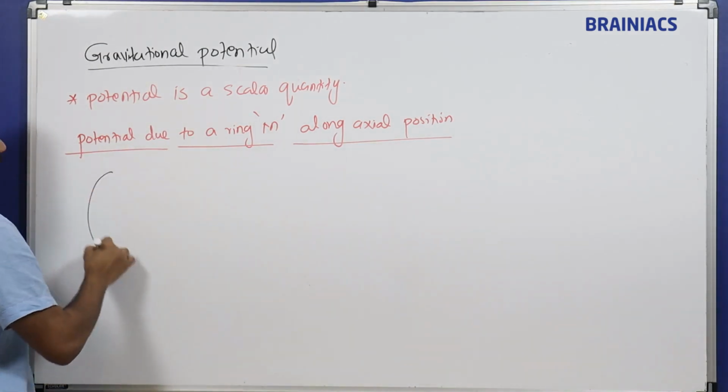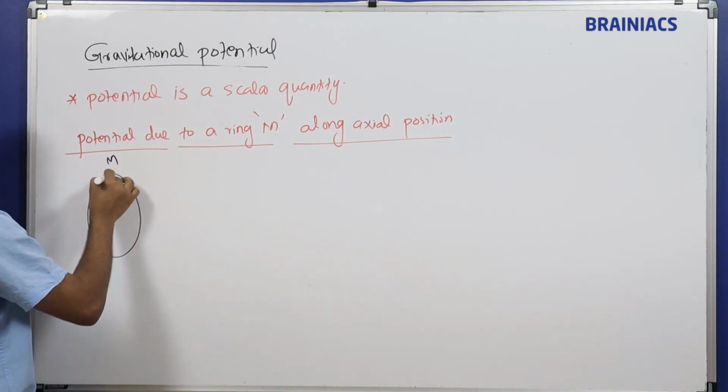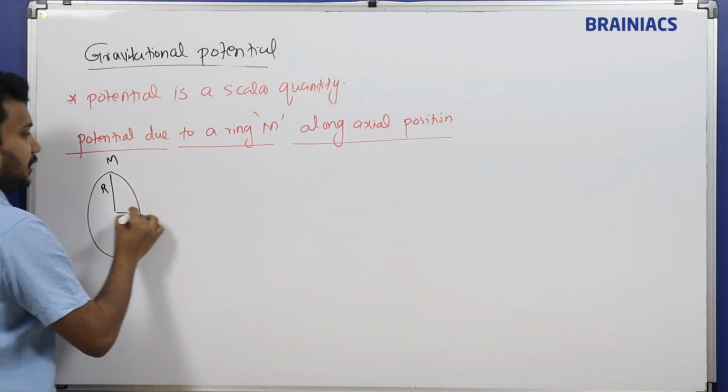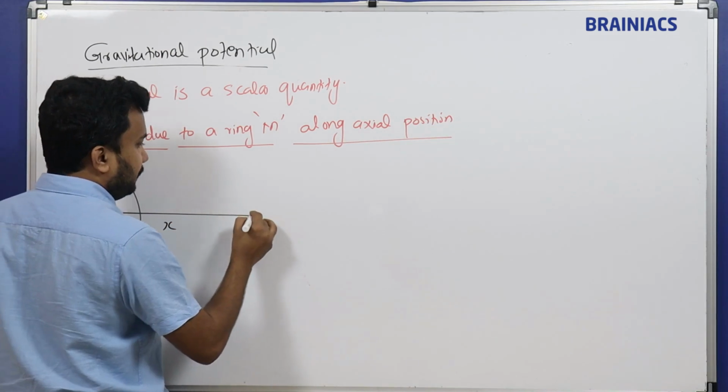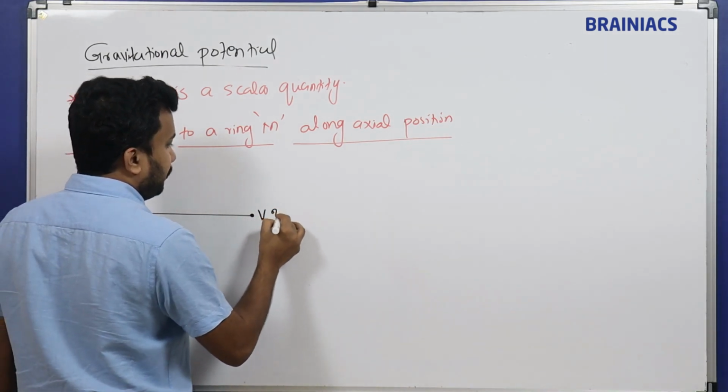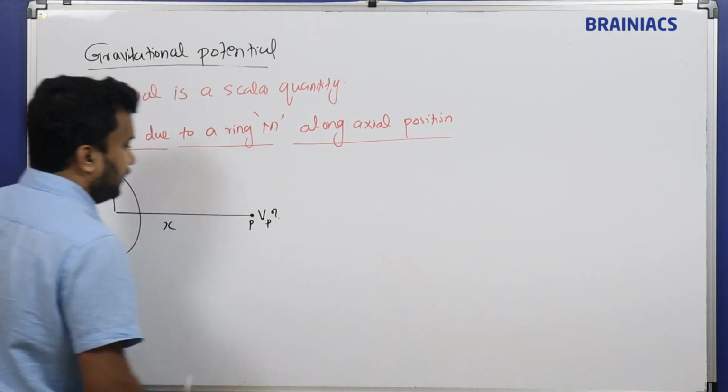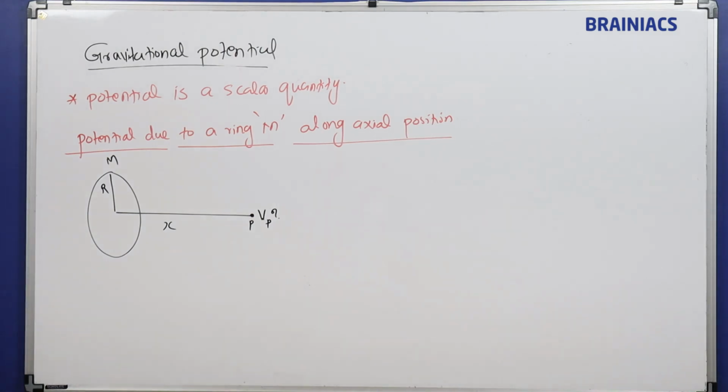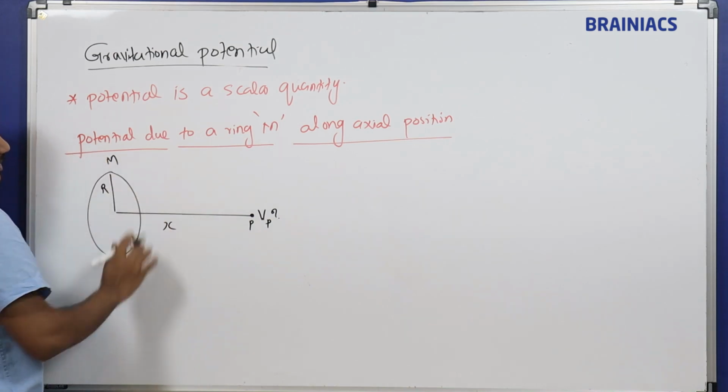I have a ring whose mass is M, whose radius is r, and along the axis at a distance of x we need to find the potential at the point P. Vp is how much? This is what we need to find out. This is quite simple.